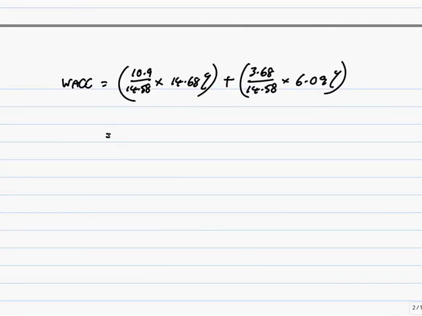And so now just a relatively simple calculator exercise. The weighted average cost of capital comes to 12.51%, subject perhaps to a tiny bit of rounding, but any rounding here is irrelevant. But that's the weighted average cost of capital.